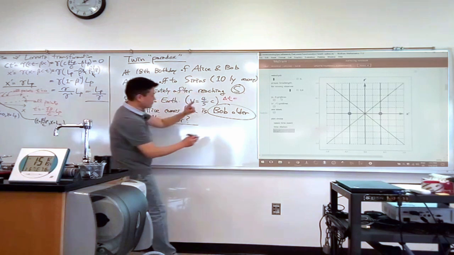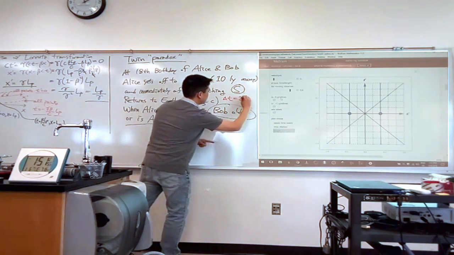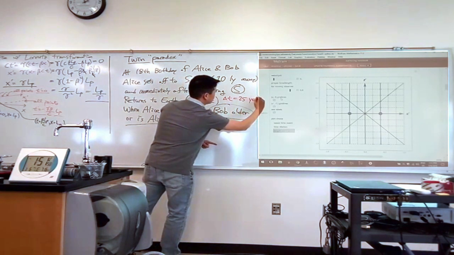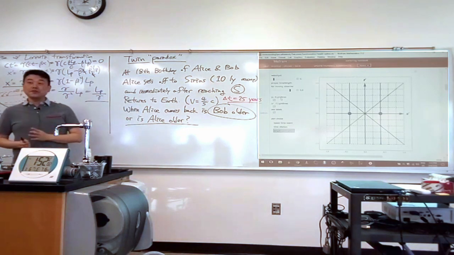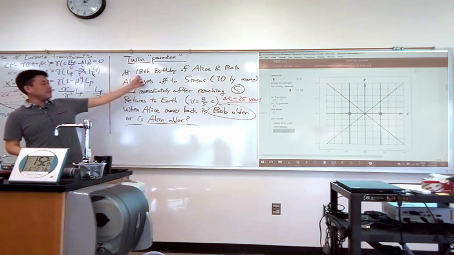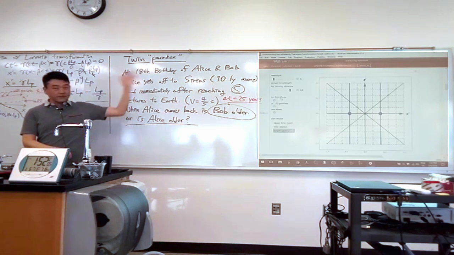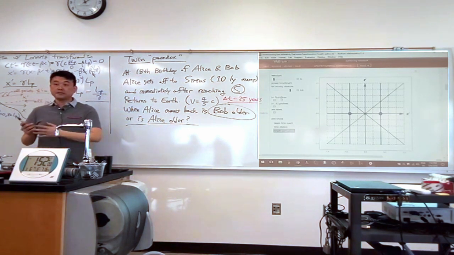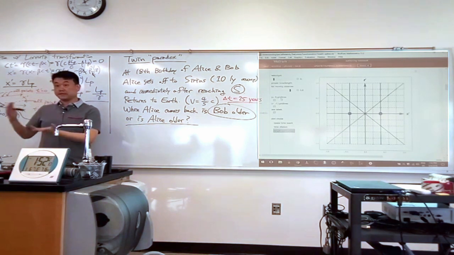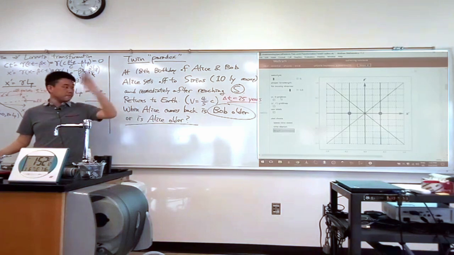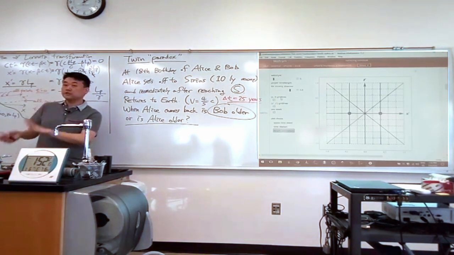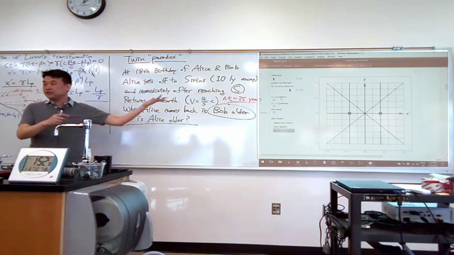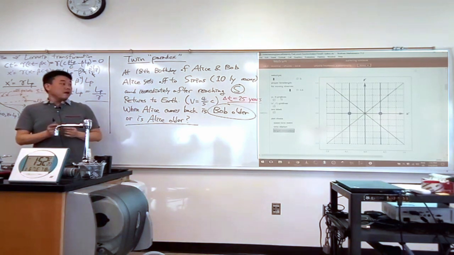So it's going to take a total of 25 years, right? So as Bob ages from 18 to 43, Bob sees Alice not getting as old as he is. When Alice comes back, 43-year-old Bob looks at Alice, who's much younger, 30-something.